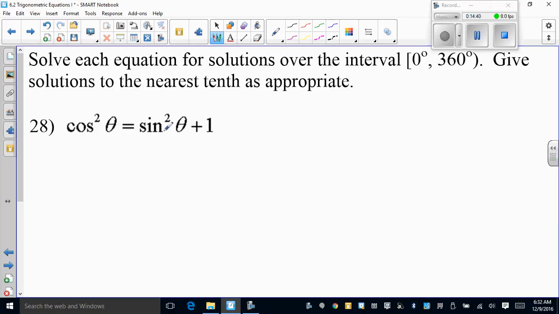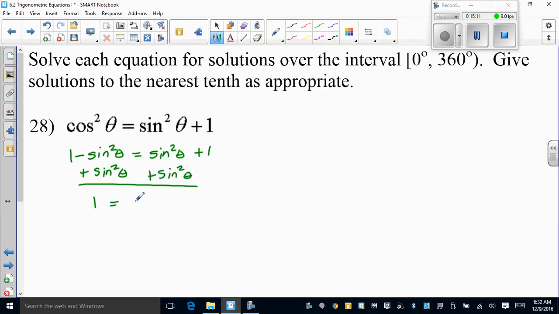So this is going to give me 1 minus sine squared equals sine squared plus 1. Since I only have the one value here, which is sine, I'm going to move this over because I don't like the negative. So plus sine squared gives me 1 equals 2 sine squared plus 1.